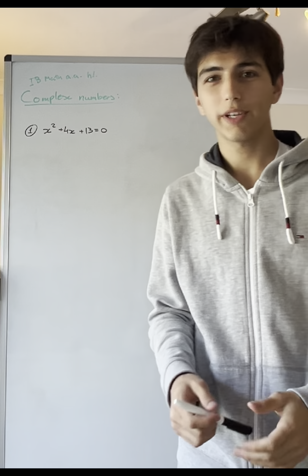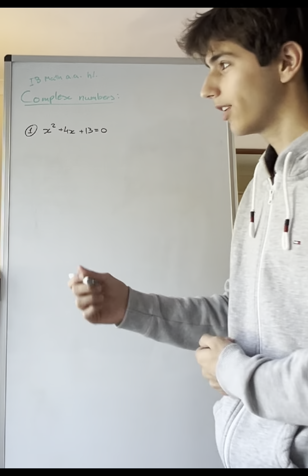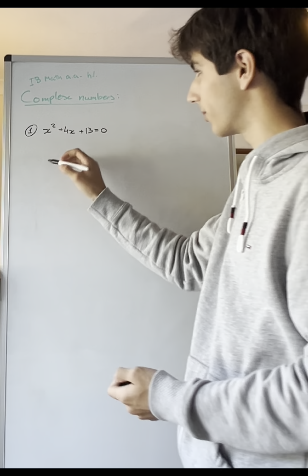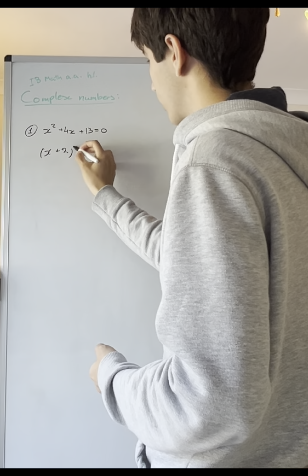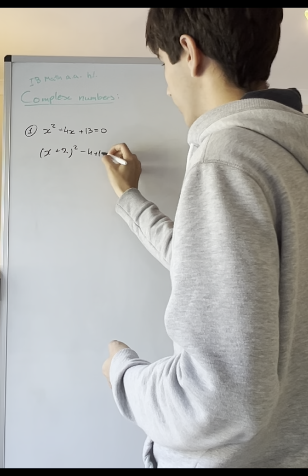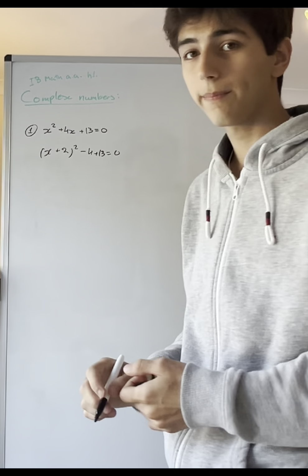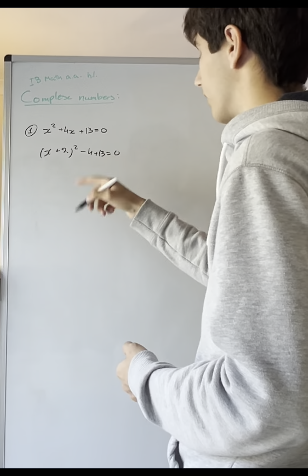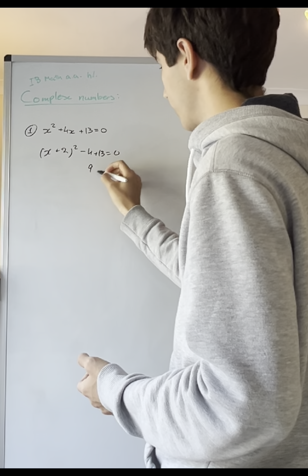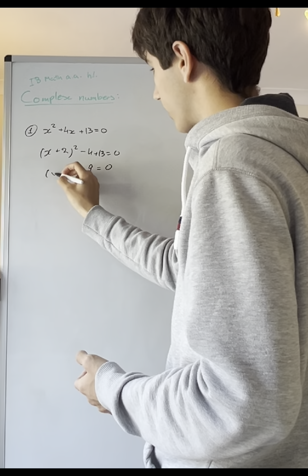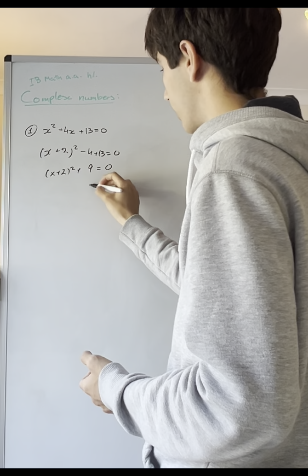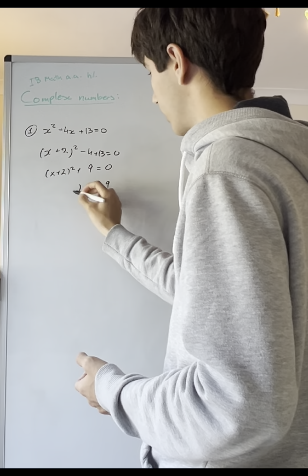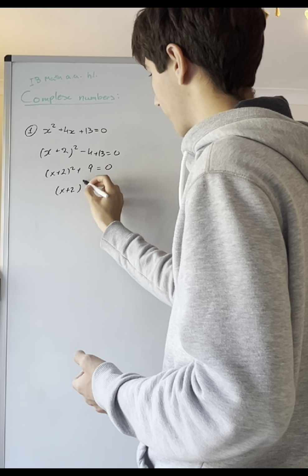Alright, so for this question, to find the roots of this equation, we can use completing the square. So what we can do is say (x plus 2) squared minus 4 plus 13 equals 0, and then 13 minus 4 is 9. So then we can say (x plus 2) squared plus 9 is equal to 0, and we're going to have -9 equal to the square of x plus 2.